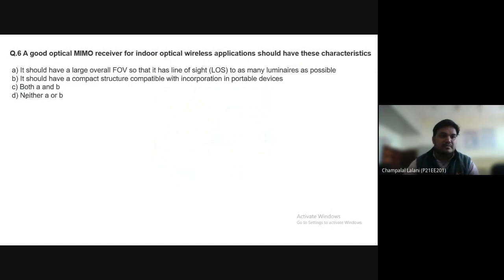Option A, B, C, and D. Yeah, correct answer only, C. First, it should have a large overall field of view so that it has a line of sight to as many luminaires as possible, and it should have a compact structure compatible with incorporating in portable devices. So these two are the correct answers only. So both A and B will be the correct answers.